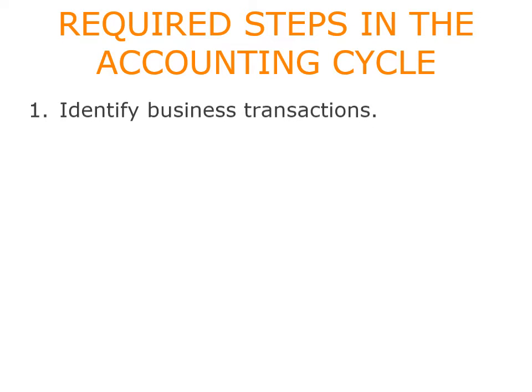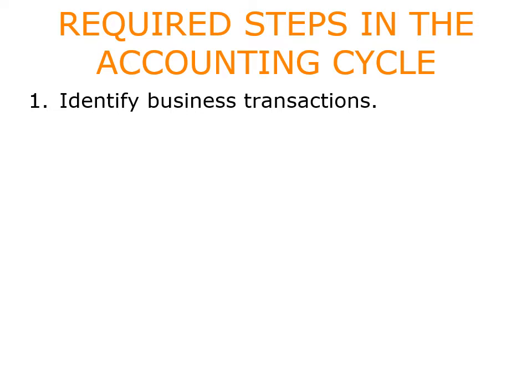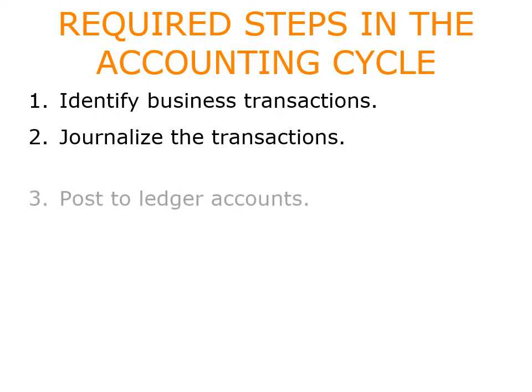The accounting cycle requires a few steps. The first step is to identify the business transactions, and the second step is to record them in journals, so we call it journalizing the transactions.